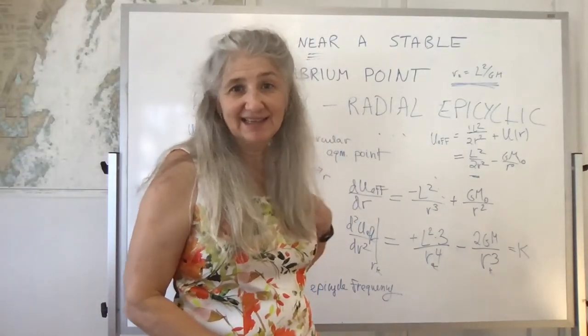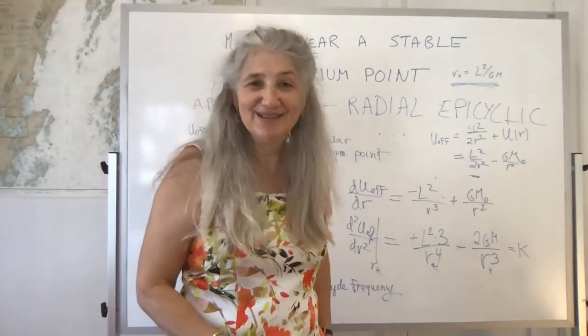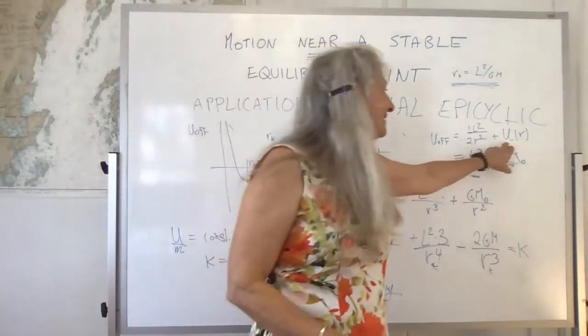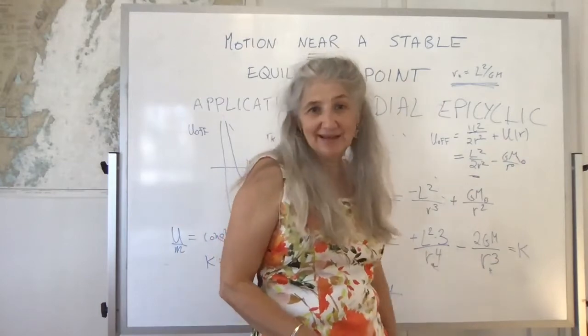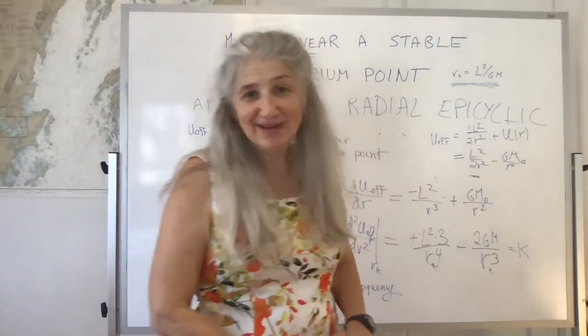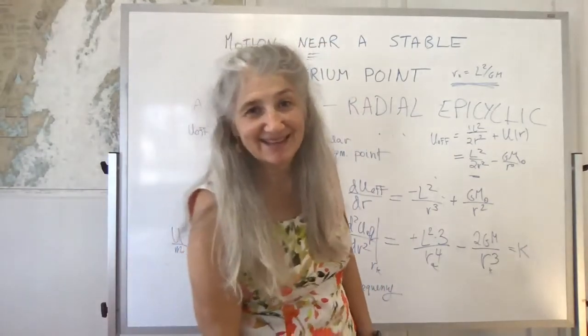For the galactic setting, an approximation people like to use for rotation in the galaxy is a logarithmic potential. Then these two terms look quite similar, and you wind up with an epicyclic frequency of the square root of 2 times the angular rotation rate.